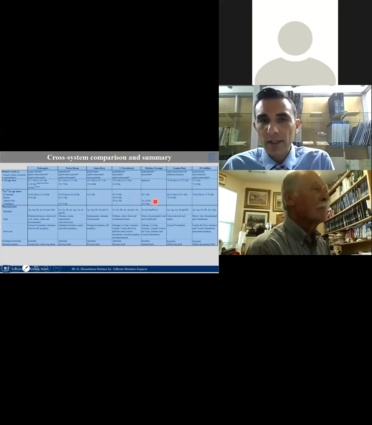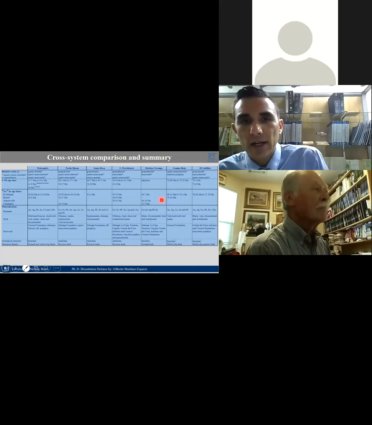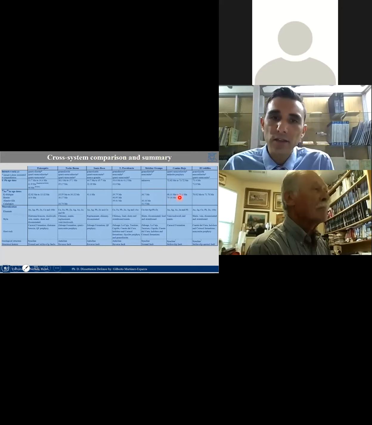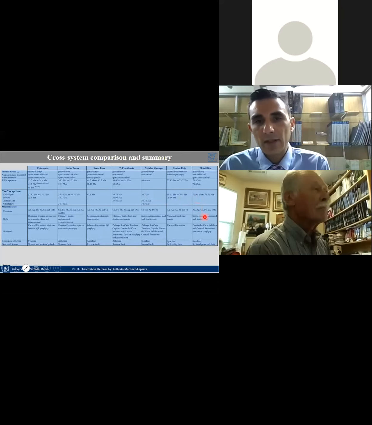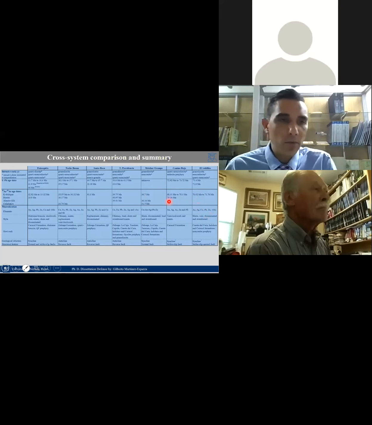Camino Rojo is classified as a gold deposit, although they have important amounts of silver, arsenic, lead, and zinc. Finally, at Saltillito, the historical production at this site was gold and copper, although we have evidence that the deposit also has considerable or economic amounts of lead, zinc, even molybdenum.